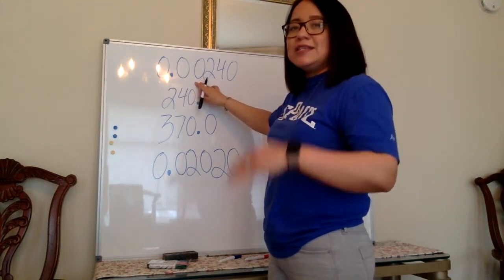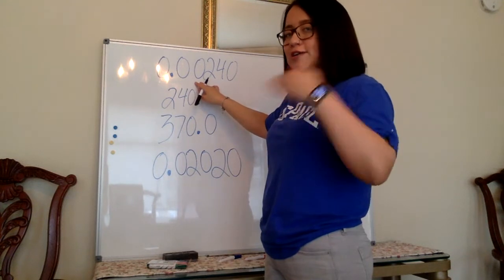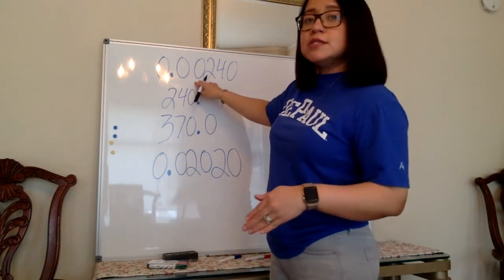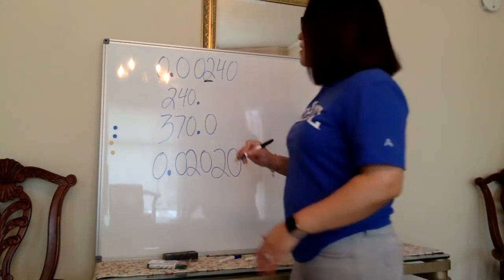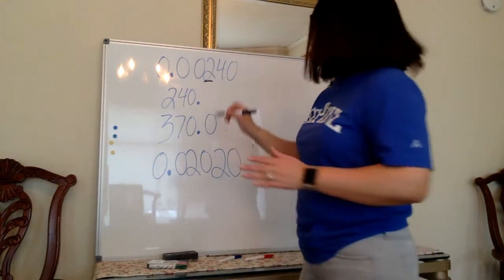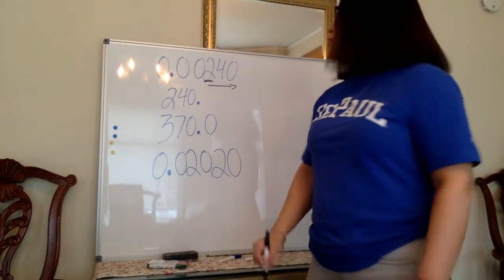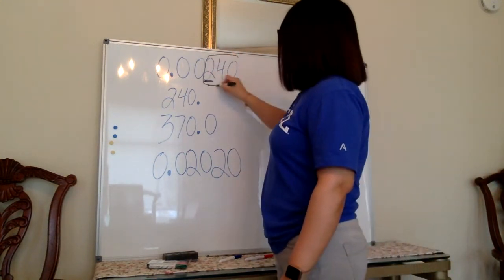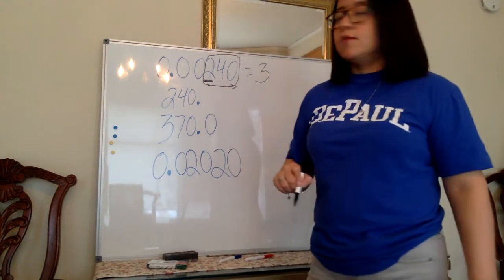These are known as leading zeros, and if you remember from the beginning slides, leading zeros are never significant. That means I'm going to start at 2. That's my first non-zero number, and I'm going to count till the very end, which is the 0. So how many significant figures are in this? That is 3.